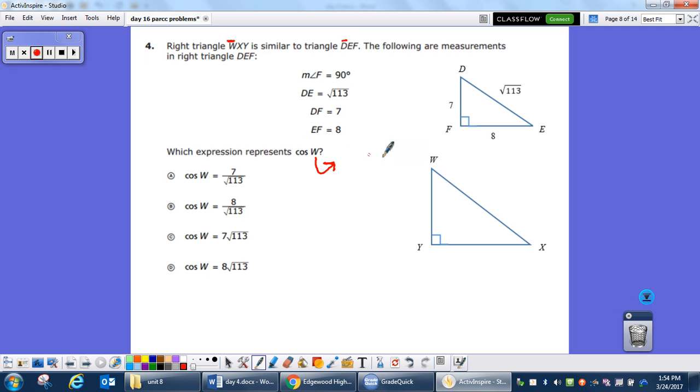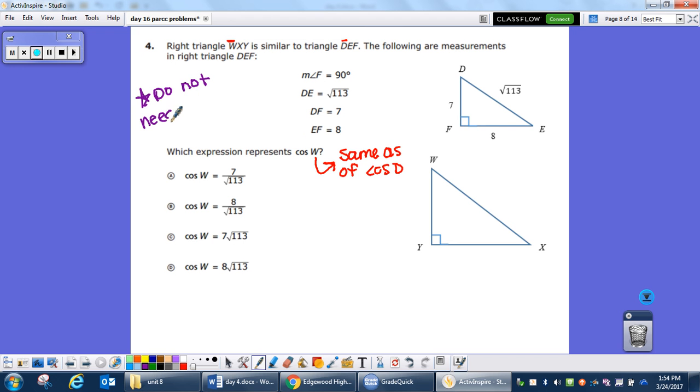So if you find the cosine of D, you actually also find the cosine of W. Okay? And I will let you know, for some reason, you do not need to rationalize the denominator here.